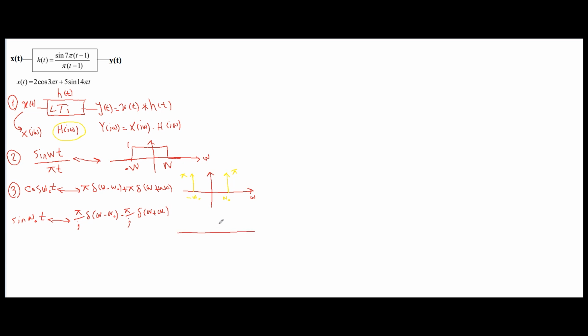So in the frequency domain, this signal also consists of two impulses, one at omega 0 with amplitude pi divided by j and one at minus omega 0 with amplitude minus pi divided by j.